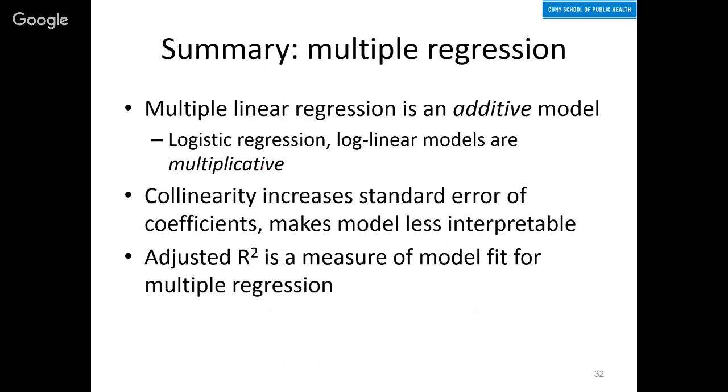Collinearity, you can recognize it by an increasing standard error of your coefficients as you add collinear variables into the model, and it makes them less interpretable because your predictors are not independent of each other. And you can use both R-squared and adjusted R-squared.